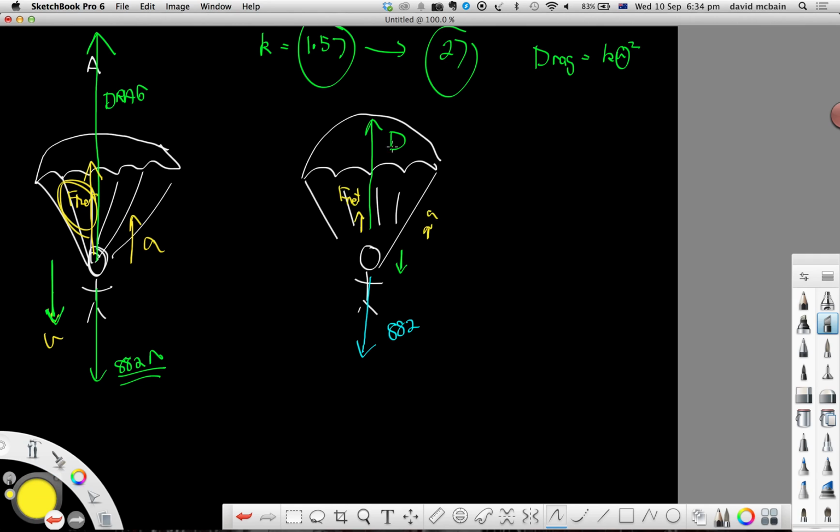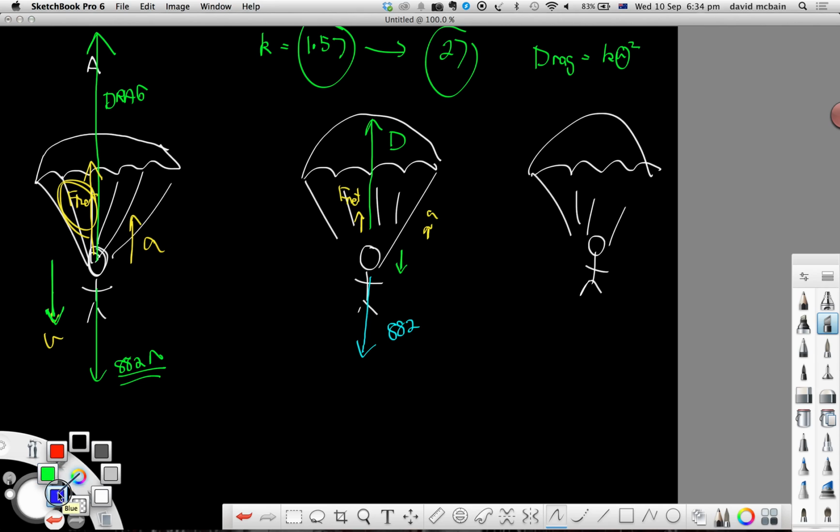So eventually they'll keep slowing down to reach this point. They'll reach the point where there's a parachute, there's the person. The weight force is 882 down, and the drag force will be, they would have slowed down to a point where the drag force is 882 in the upward direction.